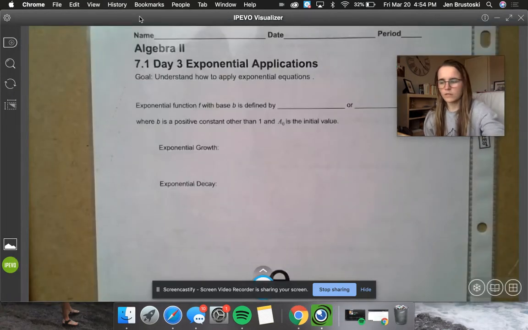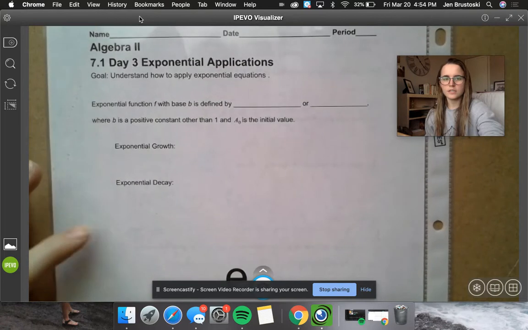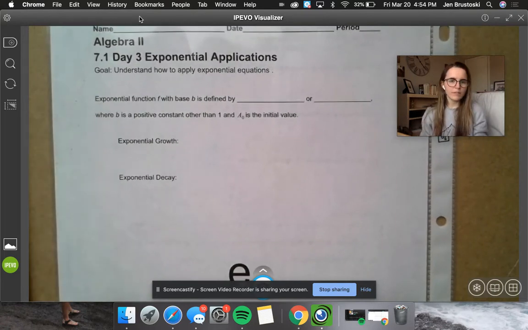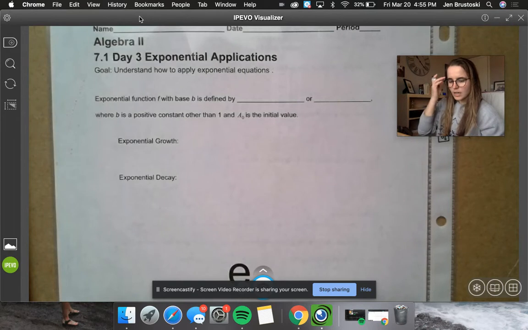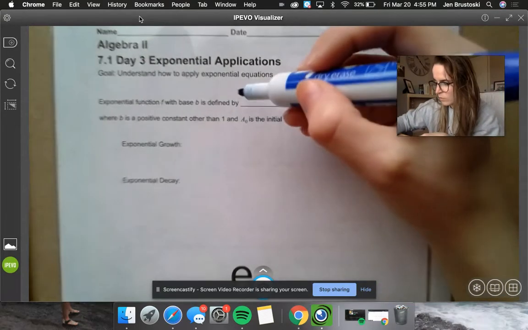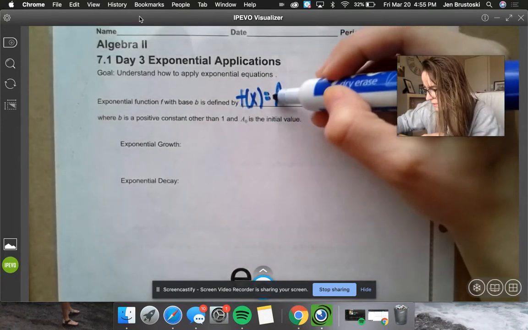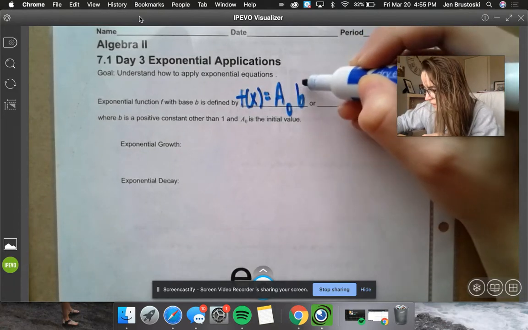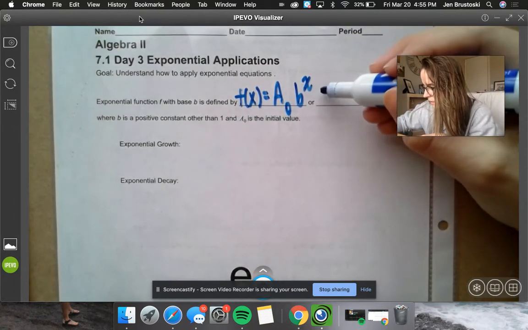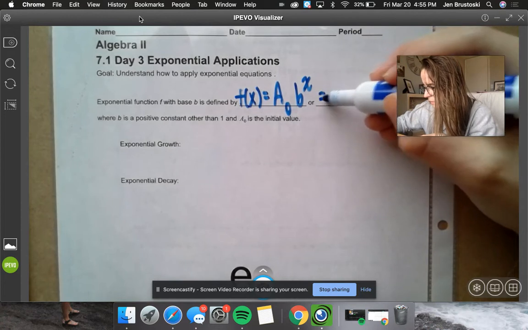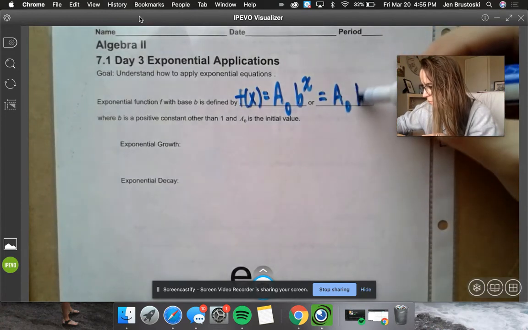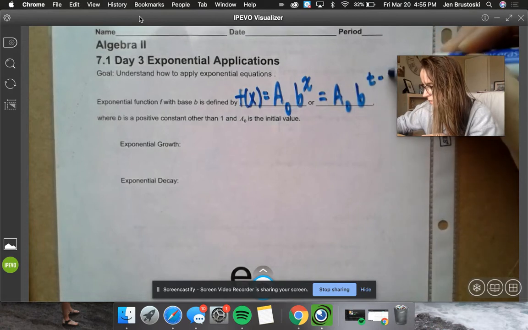Okay, so first let's get through some definitions. When we have an exponential function f with a base b, we've seen a similar function before, but it's going to be f of x equals a sub 0 times b to the x, or equal to a sub 0 times b to the t minus t naught.